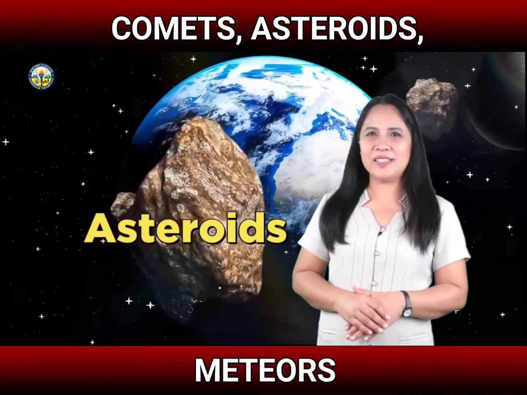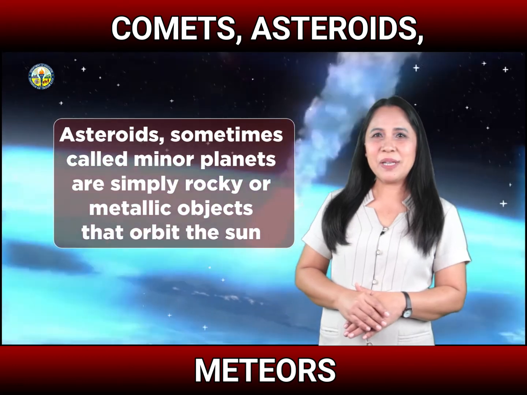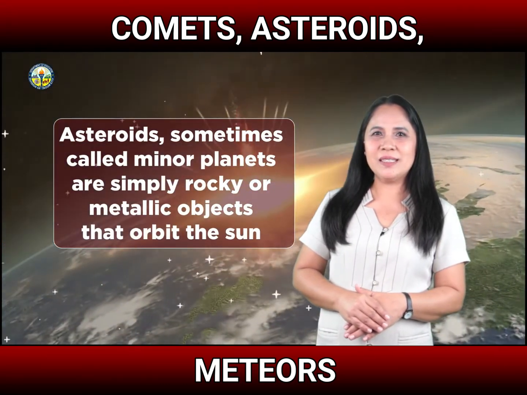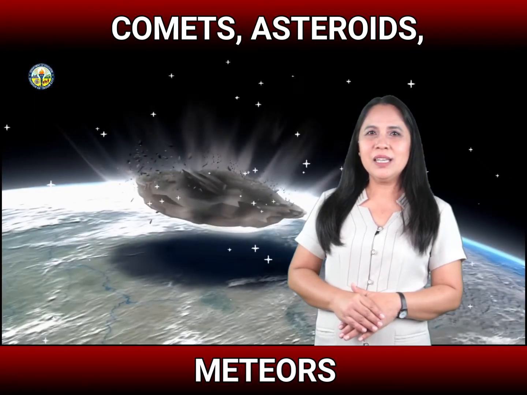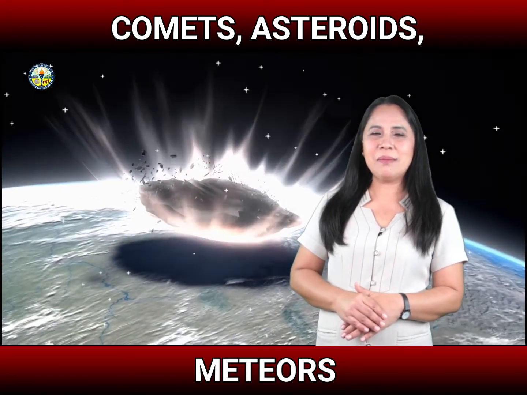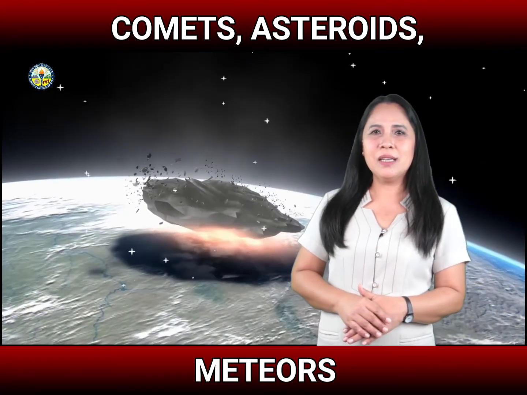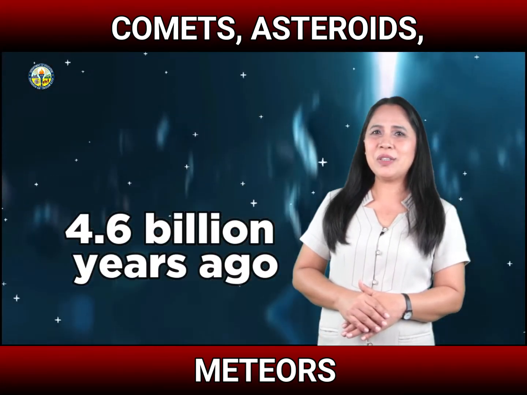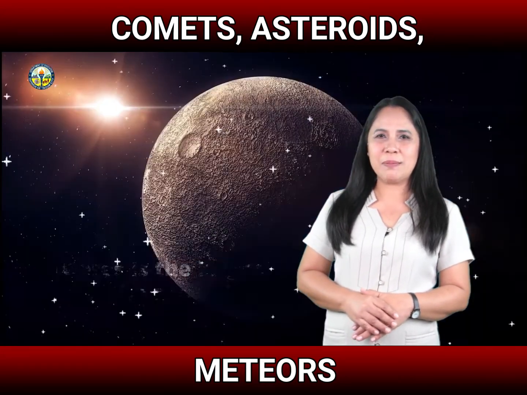Next are asteroids. Asteroids, sometimes called minor planets, are simply rocky or metallic objects that orbit the Sun, in the same way that the planets orbit. It is believed that asteroids are remnants left over from the early formation of our solar system, about 4.6 billion years ago. Asteroids come in all sizes and shapes.